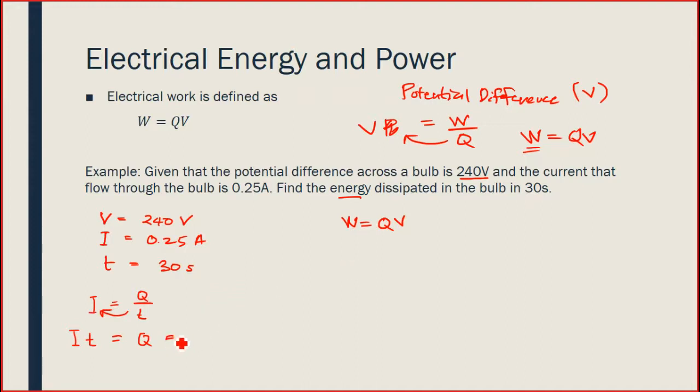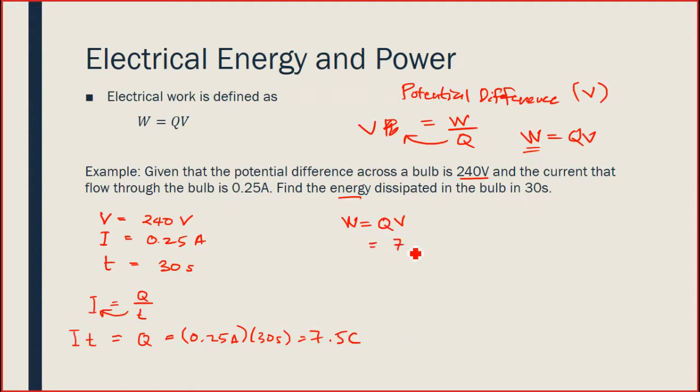So Q is 0.25 ampere multiplied with 30 seconds. So this value is 7.5, and the unit for charge is coulomb, 7.5 coulomb.